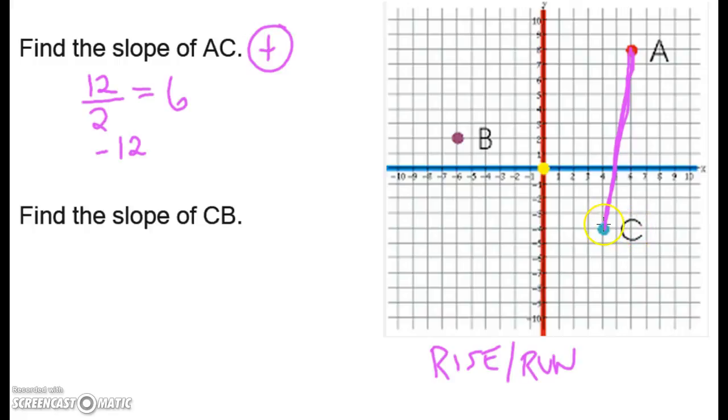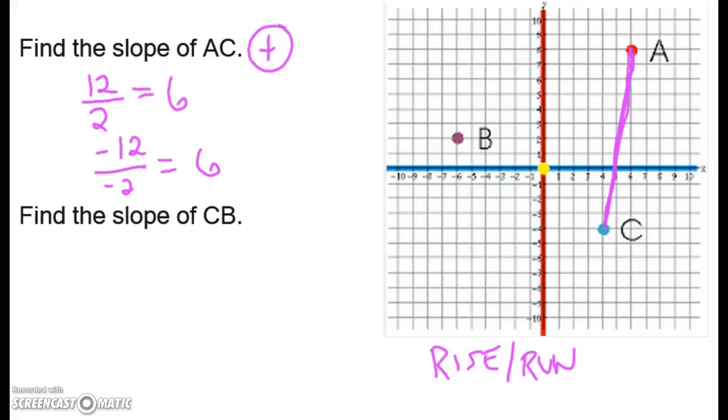When you're going to the left, you're going in the negative direction. So you're going backwards 2, which makes that a negative 2. And guess what? A negative divided by a negative is still a positive 6. So it doesn't matter which direction you count it as long as you're really careful about your signs.